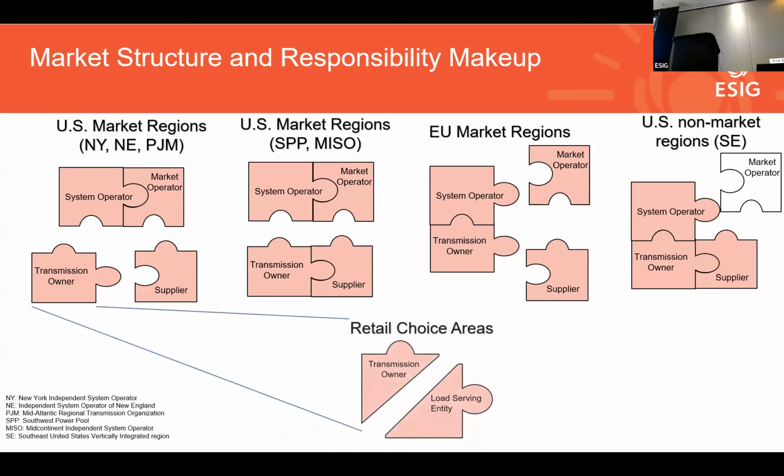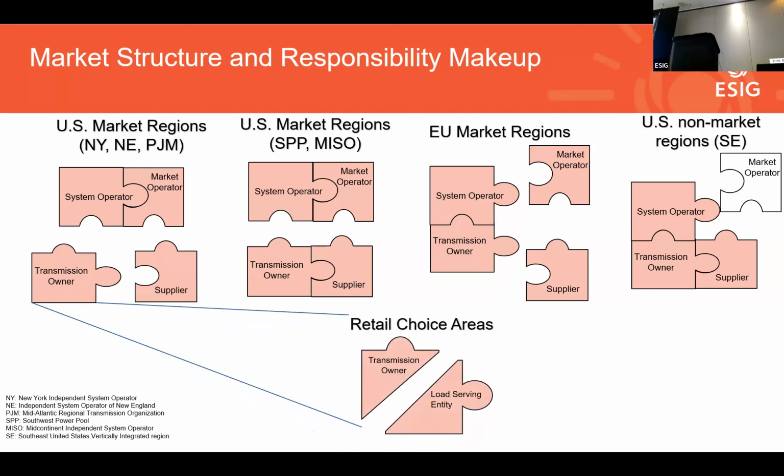One other piece that sometimes gets paired together with the leftmost structure, but can have some differences in certain regions, is looking at who's supplying the loads, who's the entity that is providing that retail energy to consumers.